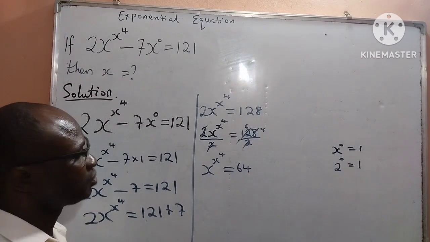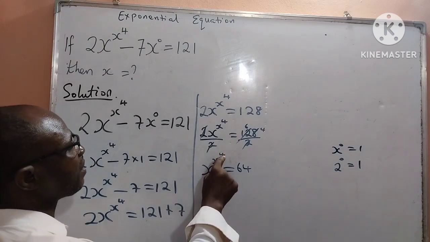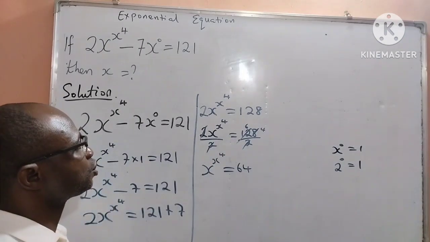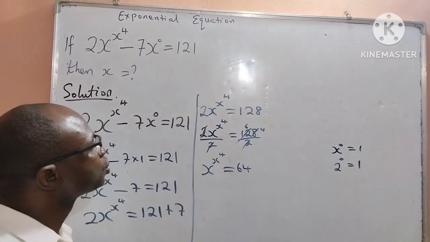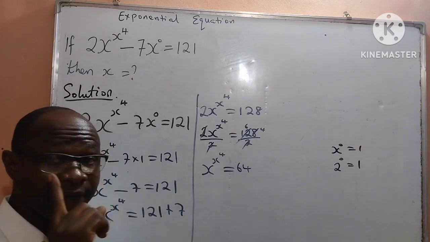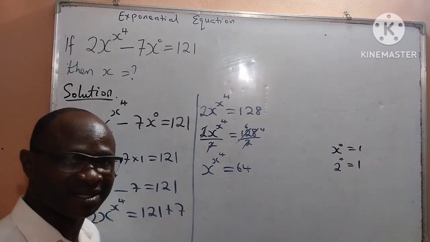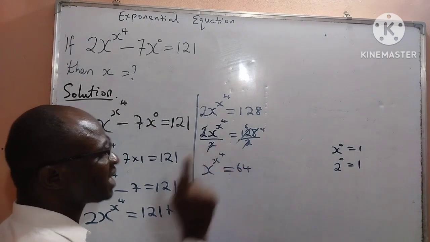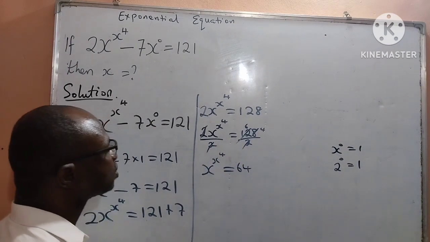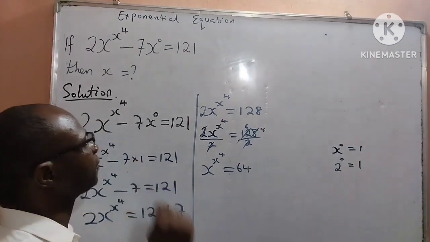Now, at this juncture, I have x raised to power x raised to power 4. What I want to do is multiply both sides of the equation by power 4. In other words, I want to multiply the exponents on both sides, because 64 is the same thing as 64 raised to power 1. So I'm going to multiply the exponents by 4.